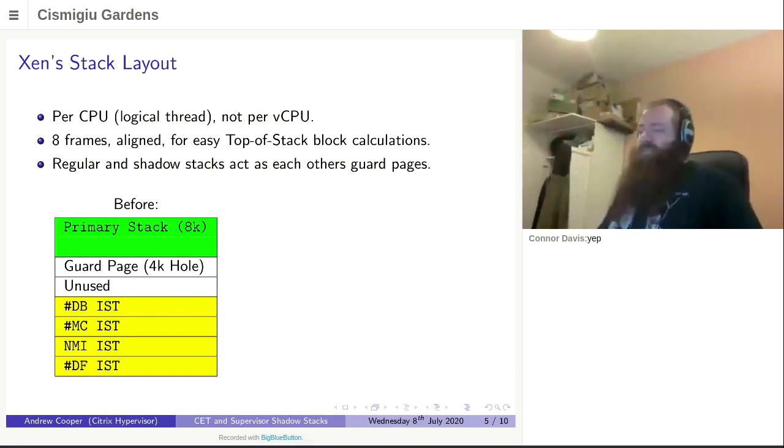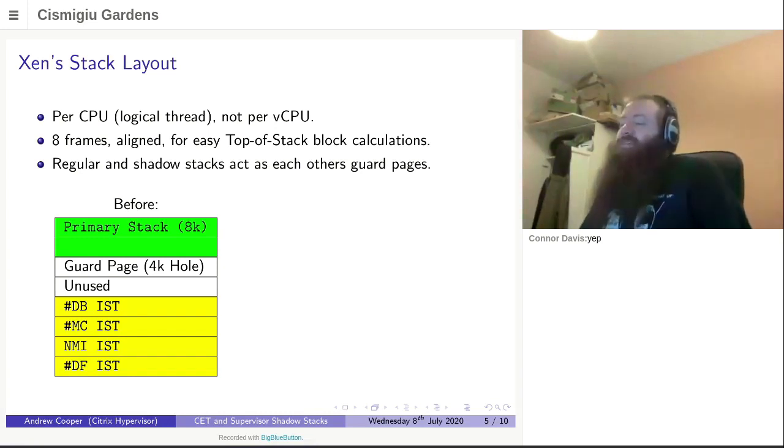Anyway, this diagram shows what Xen's stack layout used to be before. We have 8K of primary stack, a guard page below that to detect stack overflows, and 4 interrupt stack table entries. This is the mechanism that the 64-bit architecture uses to force a stack switch even in 64-bit mode.